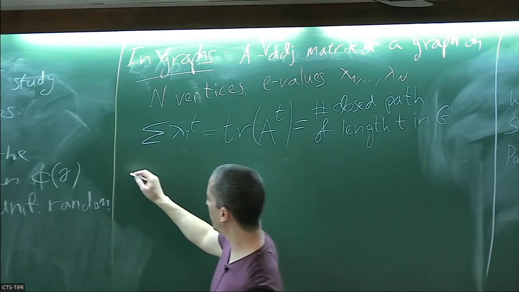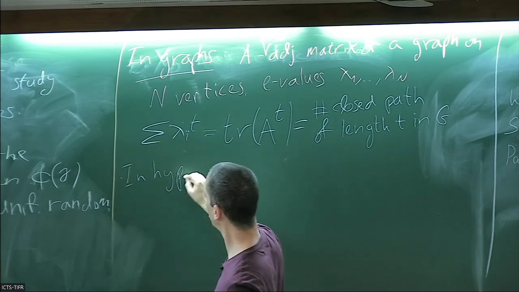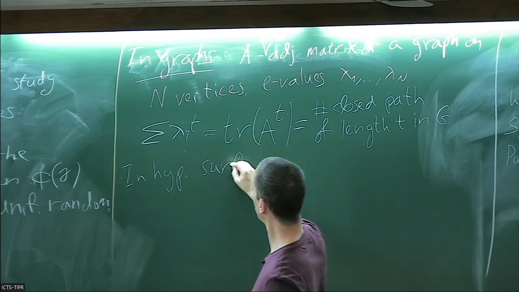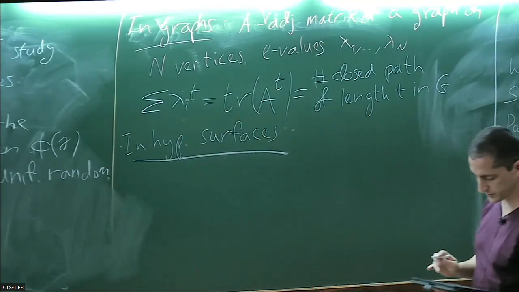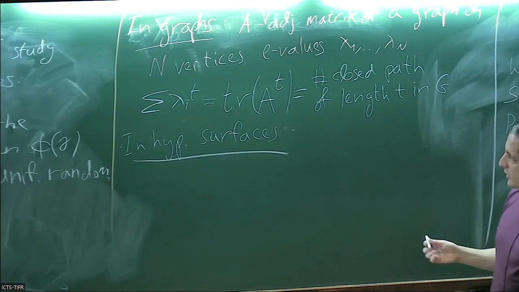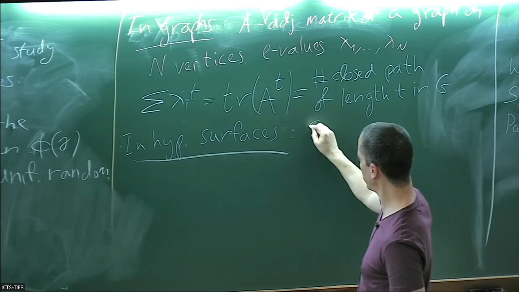And in hyperbolic surfaces, if you have a surface with a hyperbolic metric, you have an analogous formula given by Selberg.